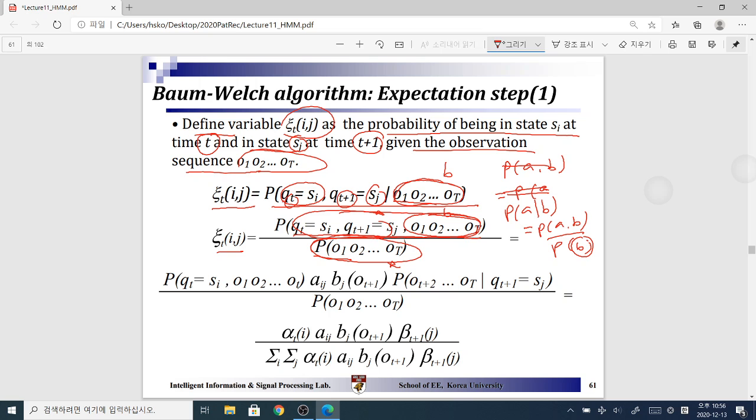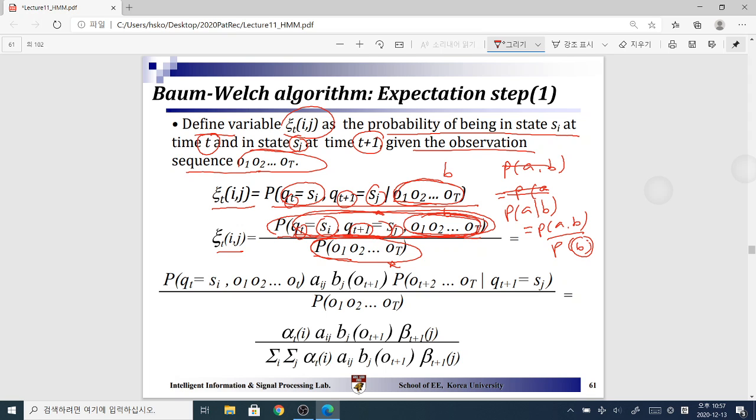Now the numerator is a joint probability among the state being i at time t, the state being j at time t plus 1, as well as the observation sequence, which is going to be shown later on.